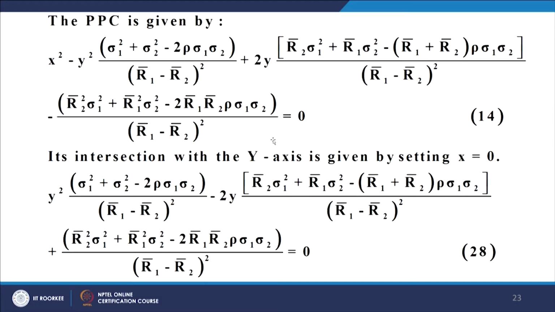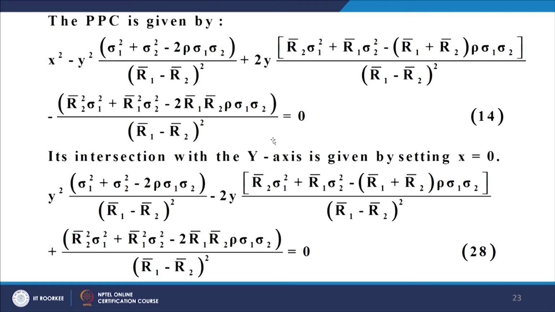So, let us put x equal to 0 in equation number 14. What we get is equation number 28. This is a quadratic equation, and we want the points of intersection to be real, and therefore the roots of this quadratic equation must be real. In other words, b square minus 4ac must be greater than 0.